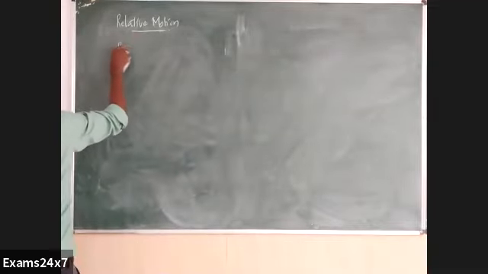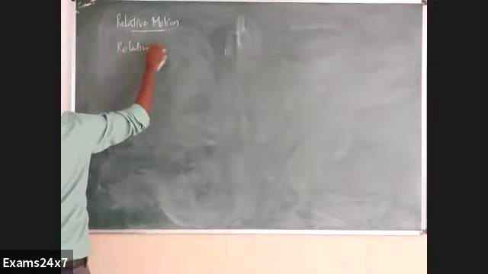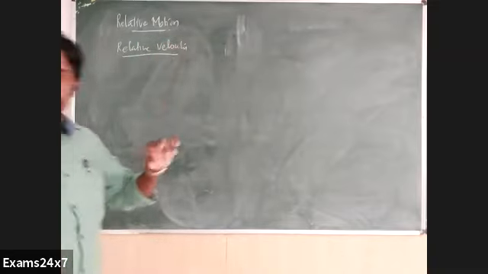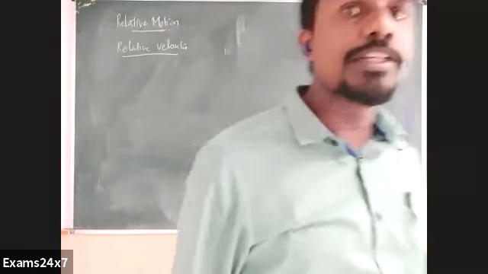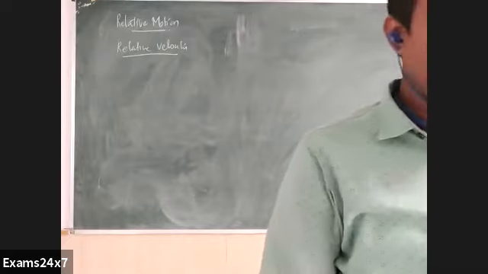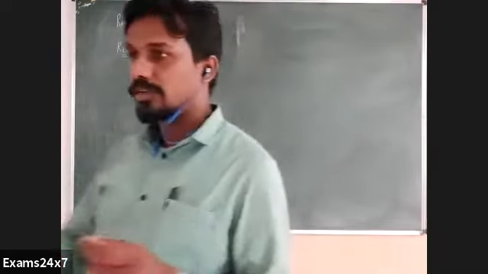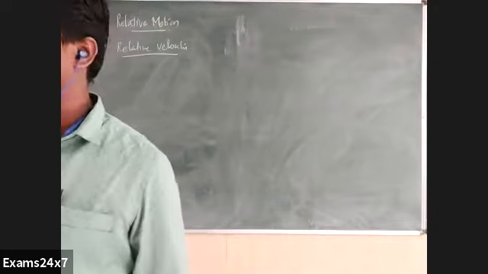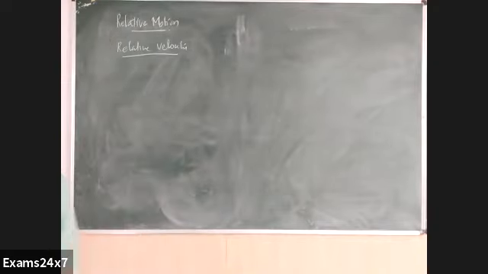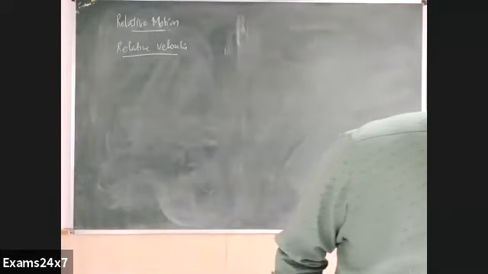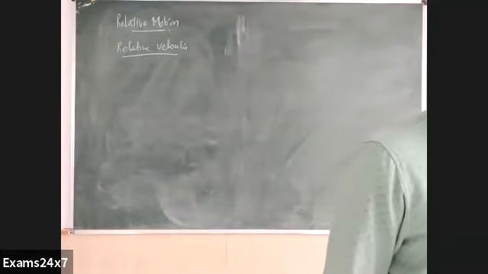Then what do you mean by relative velocity? In this, we are referring to the velocity of an object with respect to the velocity of another object. Suppose two objects are moving. I'm finding the velocity of the second object with respect to the velocity of the first object. Relative acceleration means the acceleration of an object with respect to the acceleration of the other object.